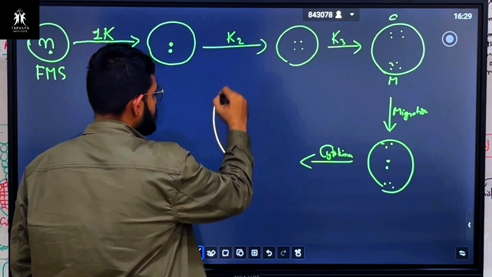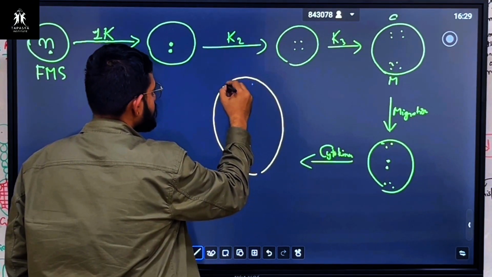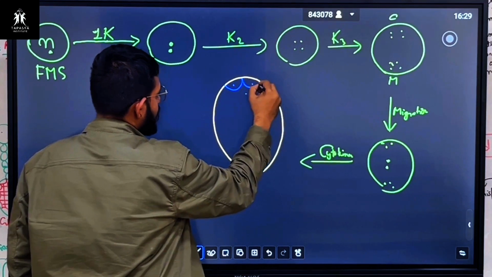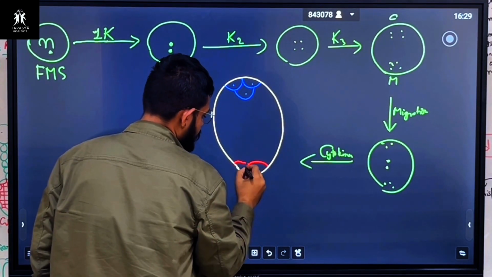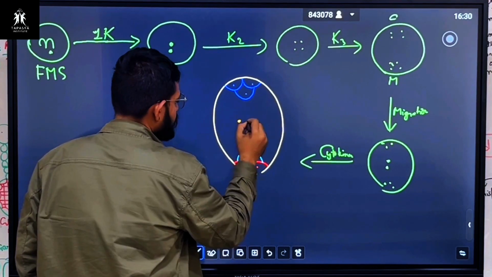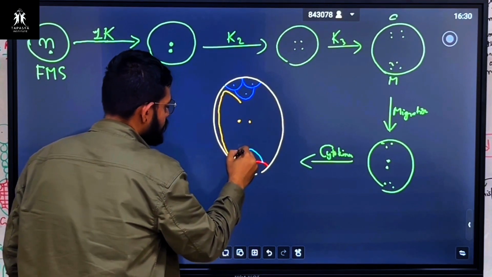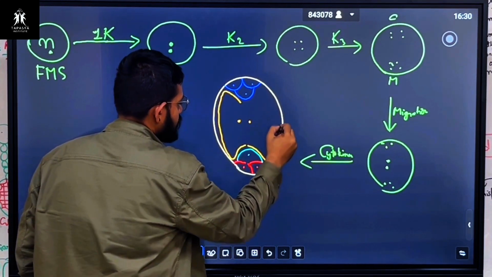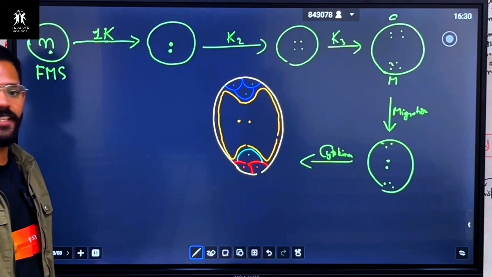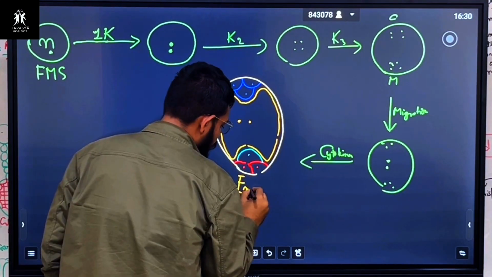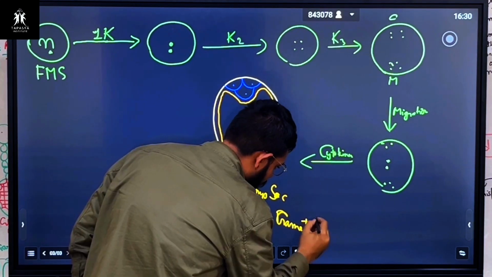Three are here at the chalazal end. So this is your fully developed functional embryo sac, or female gametophyte.